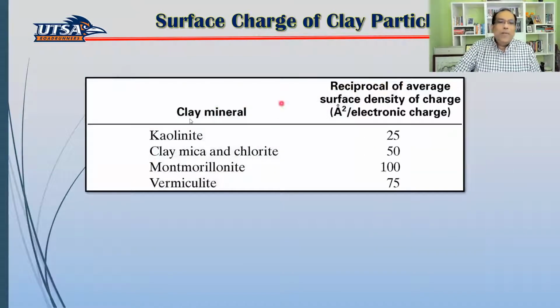Now you can see the clay minerals and their surface charge here. Kaolinite has the lowest, mica or chlorite are in the middle, and montmorillonite has the highest. If the soil has a significant amount of montmorillonite clay particles, the soil would be very, very sticky, like our San Antonio clay.